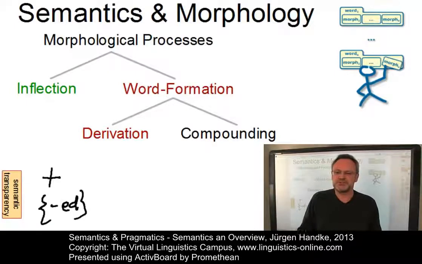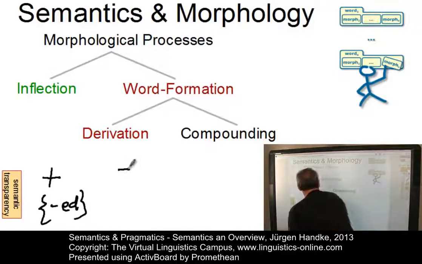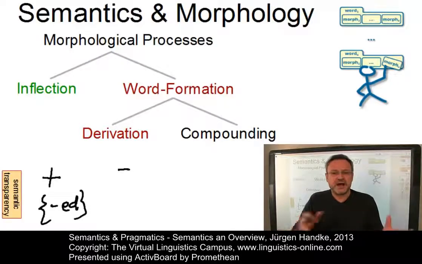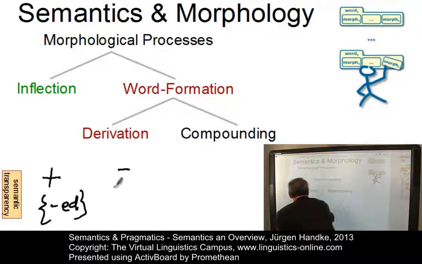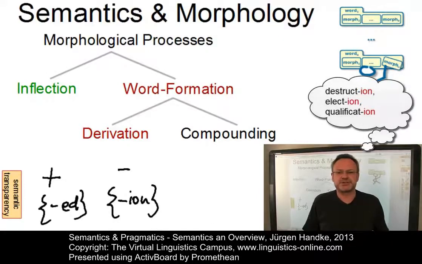In derivational processes, the meaning of the affixes involved is in many cases not clearly definable. So we should add a minus here. That is, the affixes cannot be straightforwardly associated with a fixed meaning. Unlike inflectional affixes, they are semantically non-transparent. An example is the affix ion in items such as destruction, election, qualification.